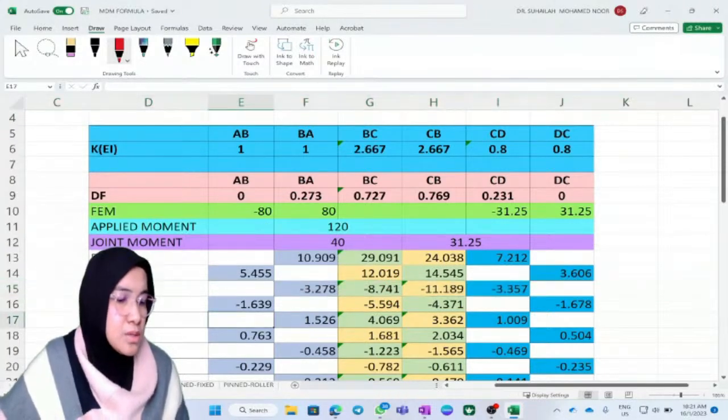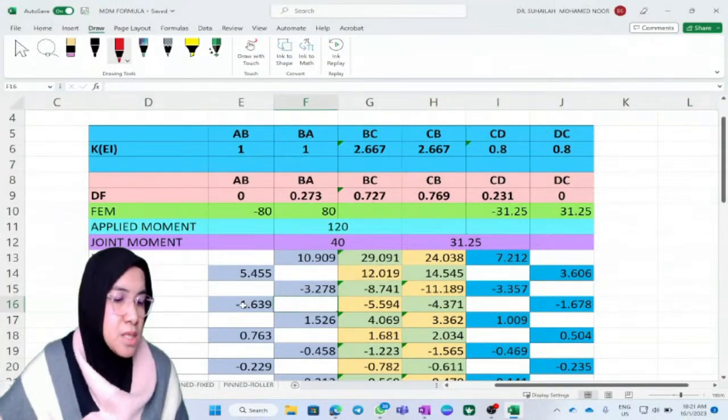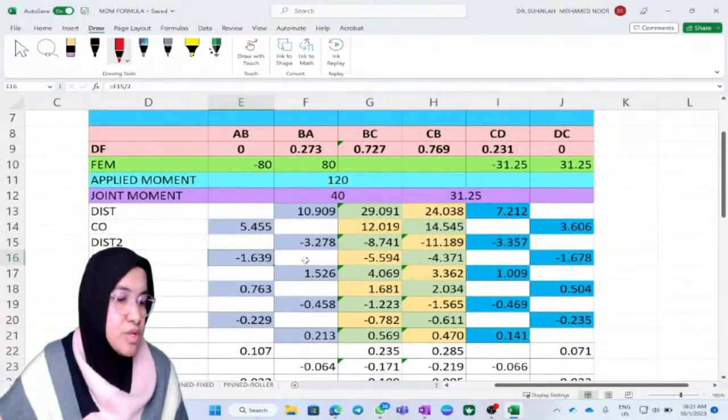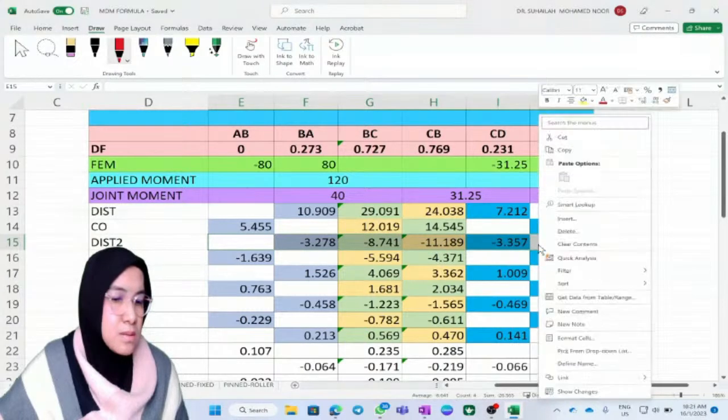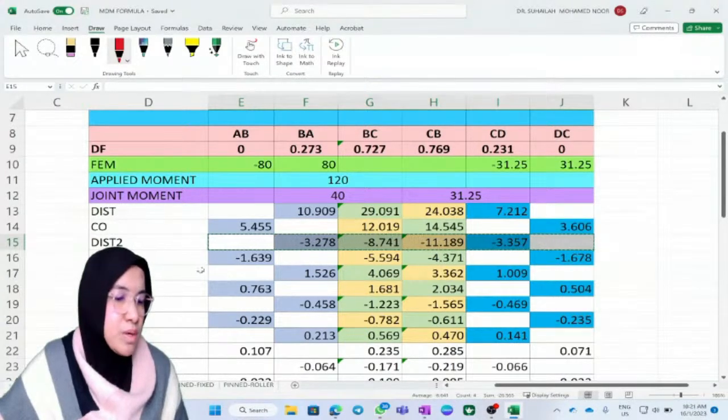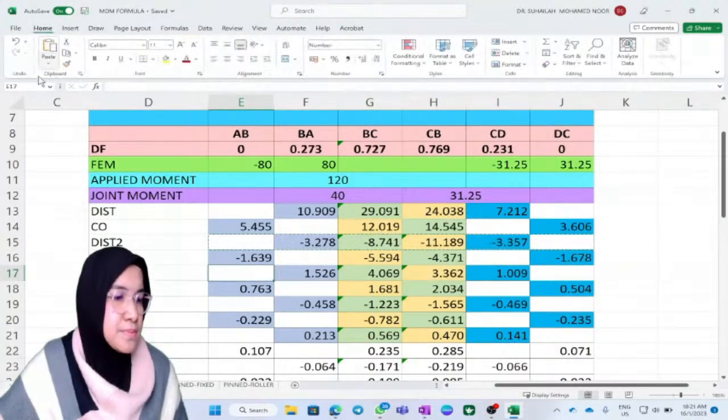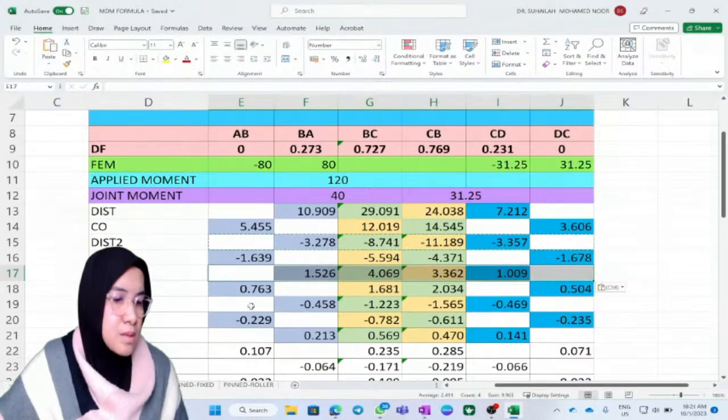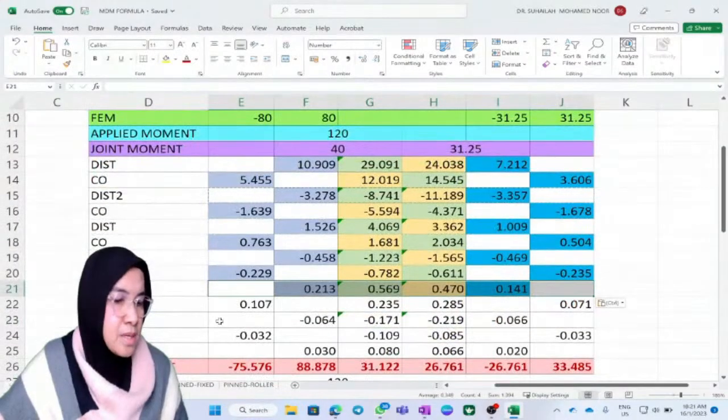So carry over, we repeat again the carry over distribution. I copy the formula for distribution, just to double check whether this one is correct or not.